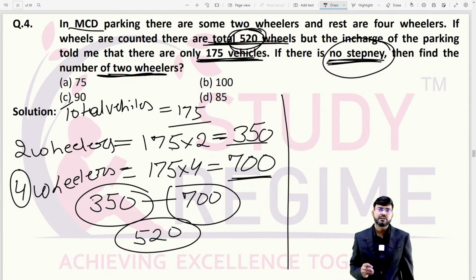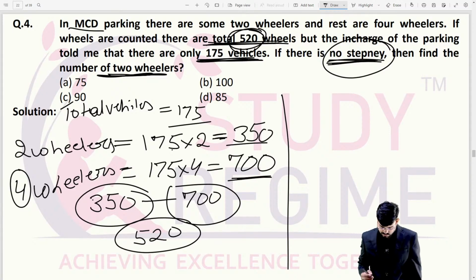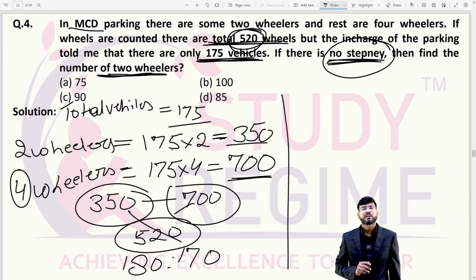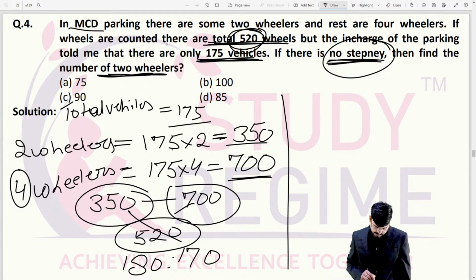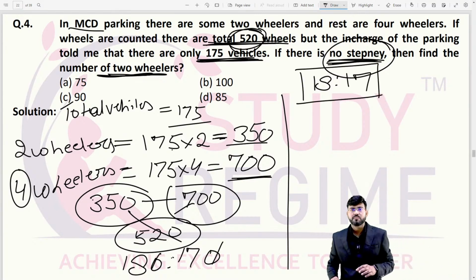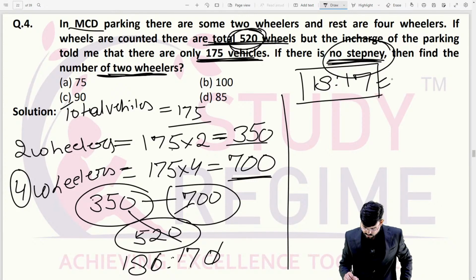And after counting the wheels, I have got 520. The same procedure, again you will subtract. You will get 180 over here, and you will get 170 over here. After subtracting, you will get the ratio 180:170. Now, on simplifying, 0 gets cancelled out, so the ratio comes out to be 18:17. So, what does the ratio come out to be? The ratio is coming out of the number of vehicles.